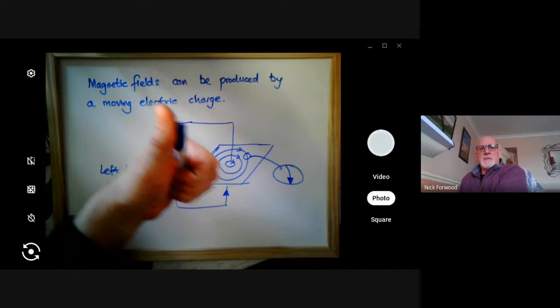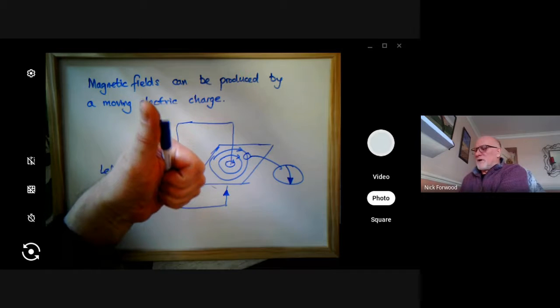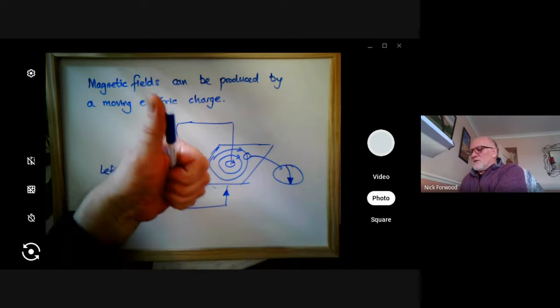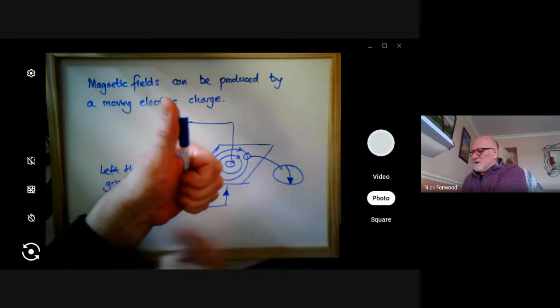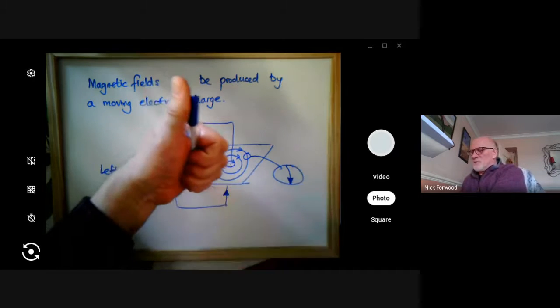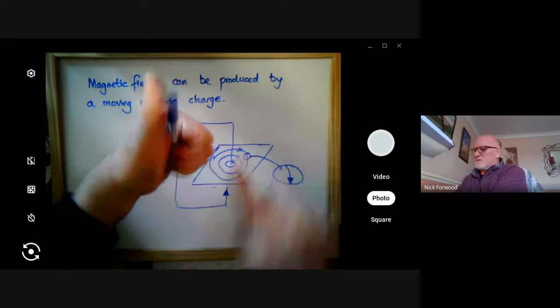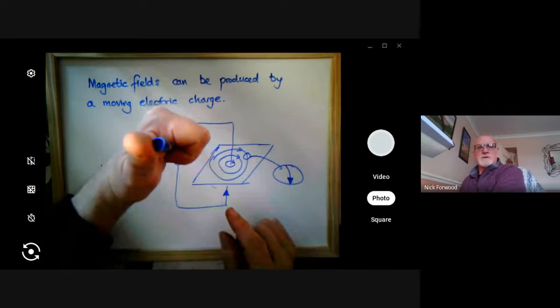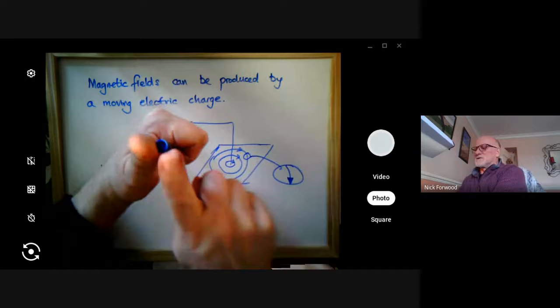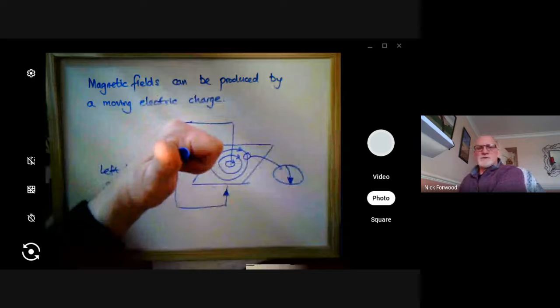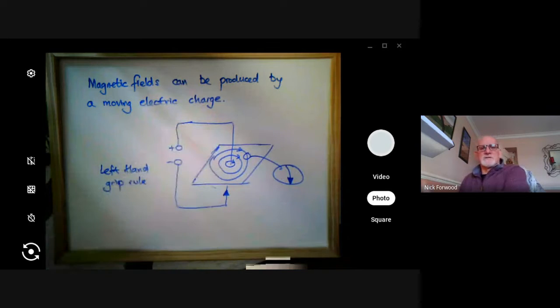My thumb is pointing in the direction of the electrons flowing up, and my pen is the wire. My fingers are going round, and the way my fingers are pointing shows you that the field goes round that way. If you look down on it, there's the current coming up the wire, and the magnetic field goes round and round like that.